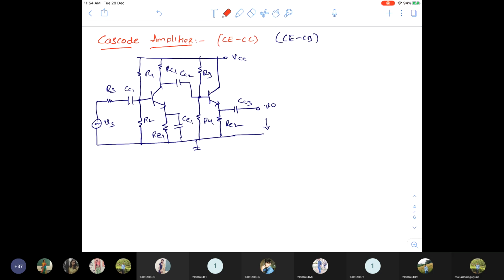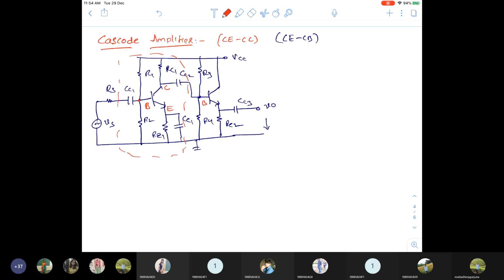The first stage is a CE amplifier. The input is the base terminal, output is taken across the collector, and the emitter is connected to the ground. Now the output is applied to the base of the second stage.